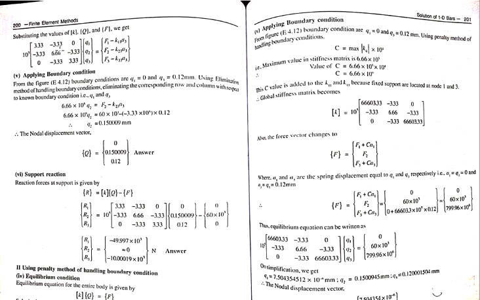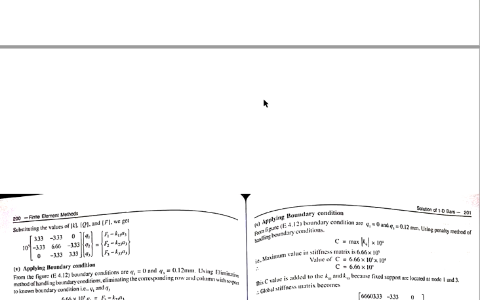If you delete, you will get only this element: 6.66 into 10 to the power 5 into q2 is equal to f2 minus k23 a3. F2 is already given, 60 kilonewton, that is 60 into 10 to the power 3, minus k23 a3. What is k23?